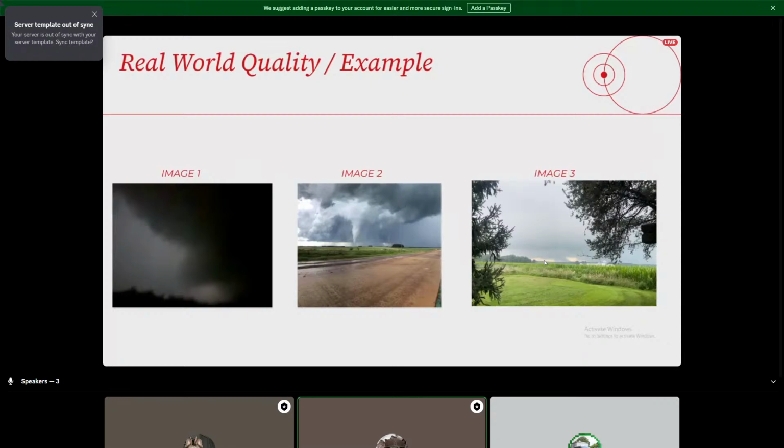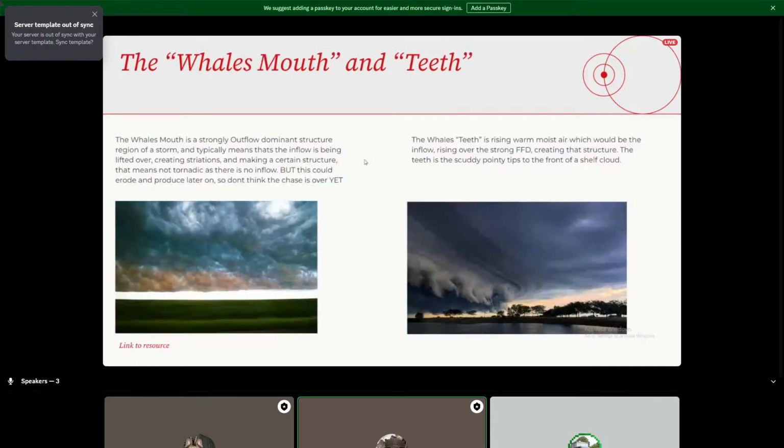And this is a textbook wall cloud, rain-free base with the precip core preceding. The whale's mouth and whale's teeth. This is very important to determining whether you should abort your chase because it's just going to be a windy hell. So the whale's mouth is a strongly outflow dominant structure region of the storm and typically means that the inflow is being lifted, creating striations underneath the structure.